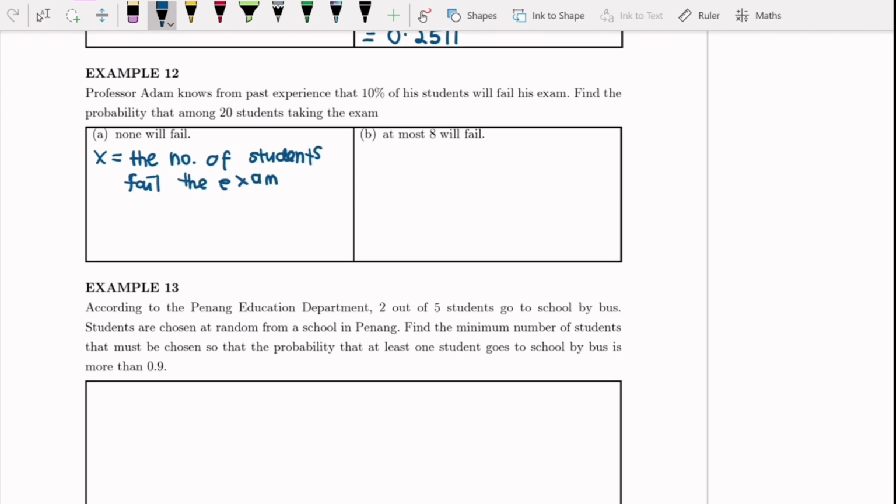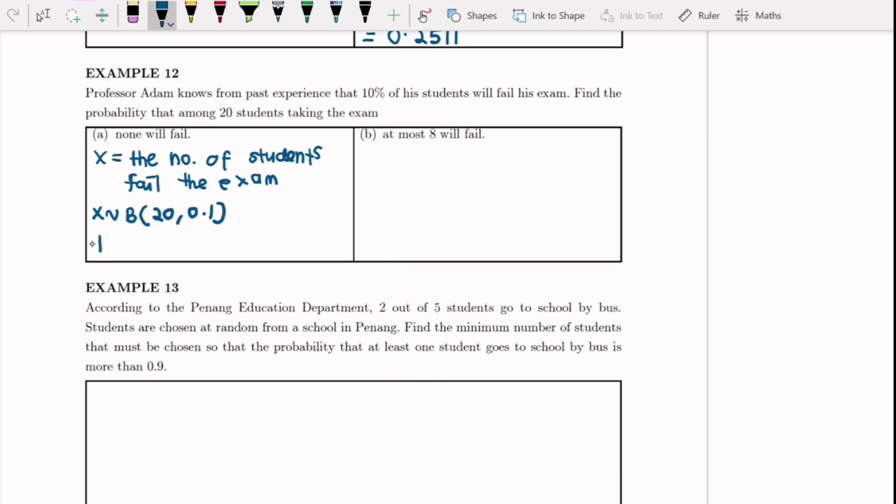So x can be binomial distribution with n equals 20 and p equals 0.1. For this question, we can use binomial because we only have two outcomes, whether the student fails or the student passes. Now the question is to find the probability none will fail.